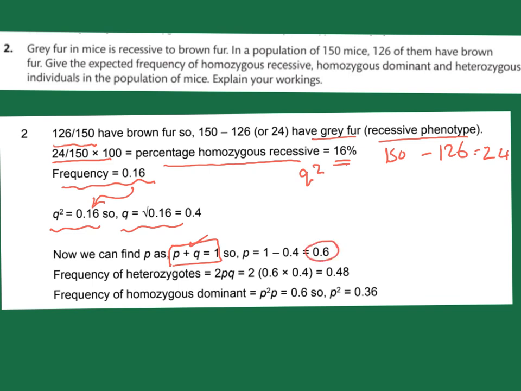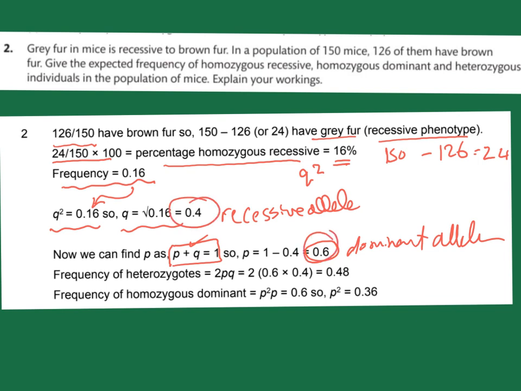Remember, this will be the frequency of the dominant allele, and this was the frequency of the recessive allele. Remember that both of them will add up to 1: 0.4 plus 0.6 equals 1.